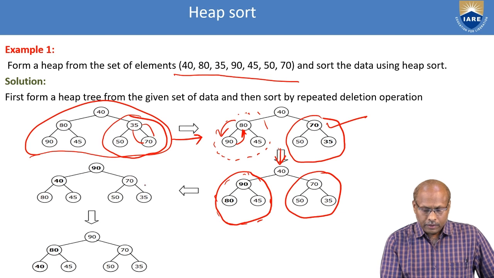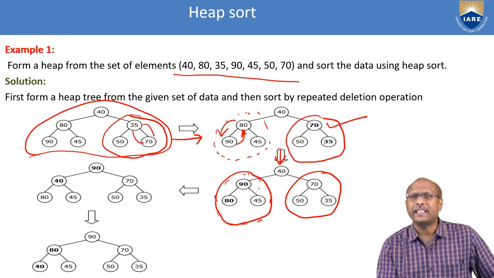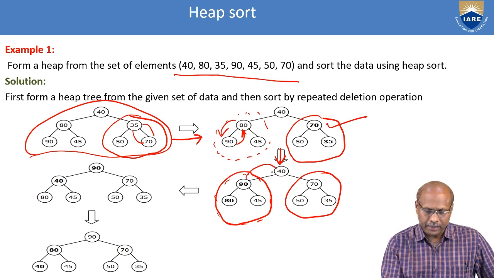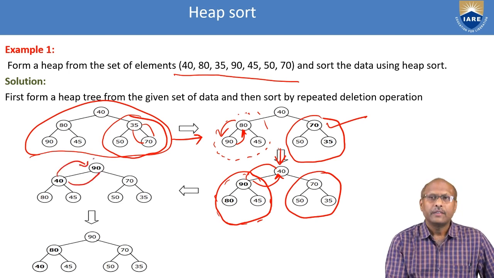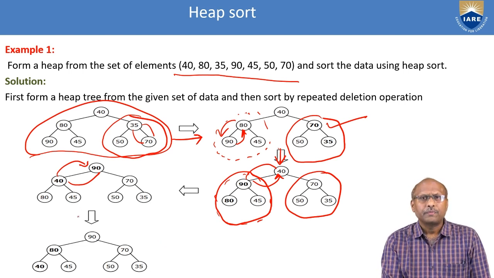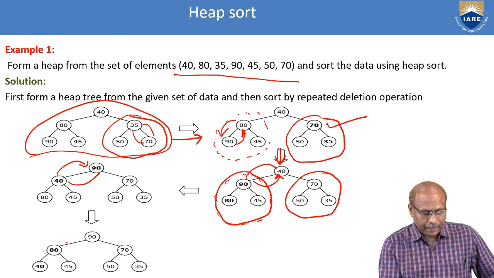Now 40, 90, 70. 40 is parent, 90 is left child, and 70 is right child. So now if you compare these three, which one is bigger? Here 90 is bigger. So I have to swap 90 with 40. So after swapping, I got this. Okay. So after that, now my tree is ready. So 90, now 80, as 90 has come down.